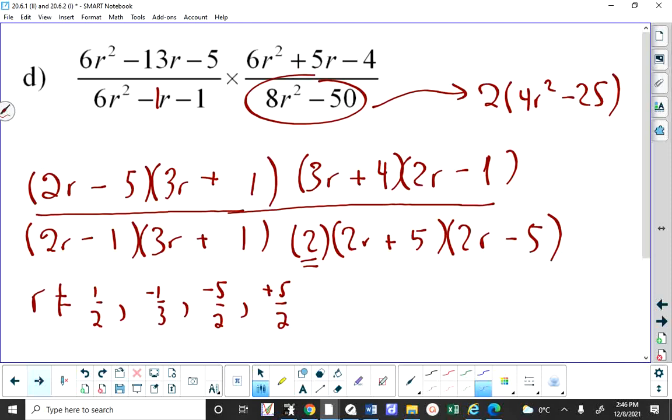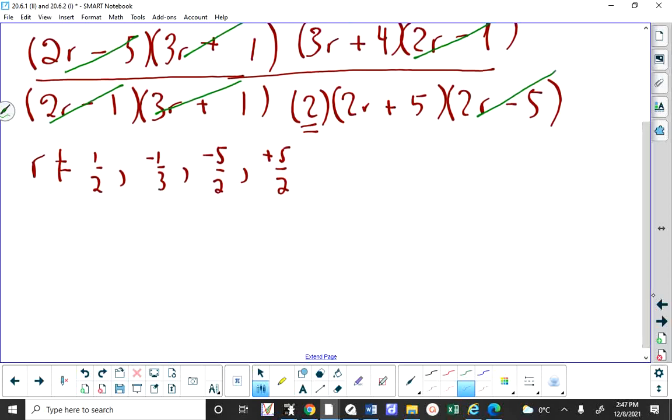What do we cancel? A whole mess of stuff. 2r minus 5, 3r plus 1, 2r minus 1. So what do we have left? Well, whatever we have left is the answer. But I'll write it down. I have 3r plus 4 over 2 times 2r plus 5.